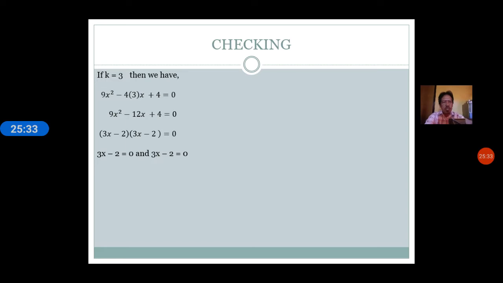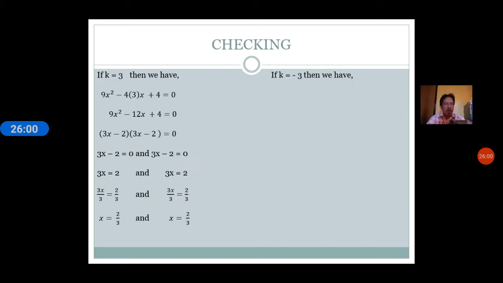Using the zero product property, 3x minus 2 is equal to 0, and the other one is 3x minus 2 is equal to 0. Then solving for x, we have x is equal to 2 over 3 for x sub 1 and x sub 2.